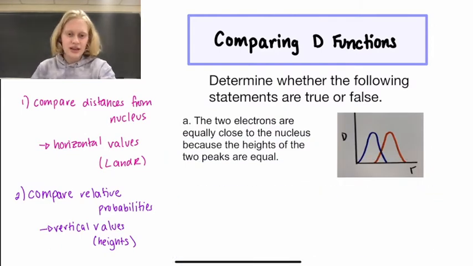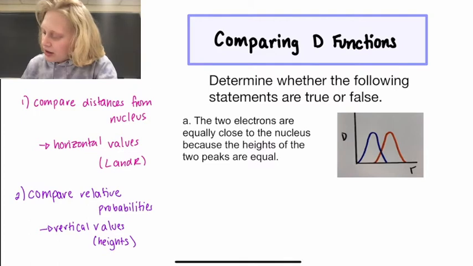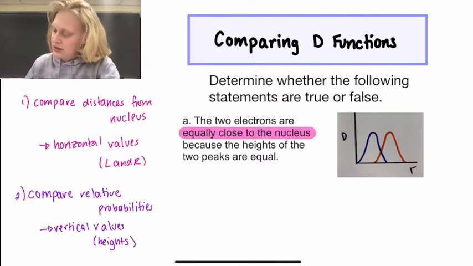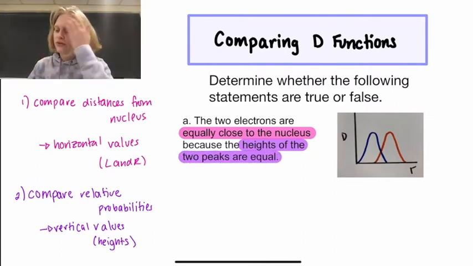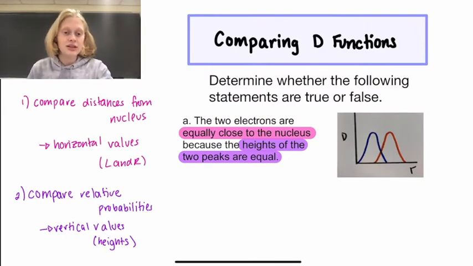The first one says the two electrons are equally close to the nucleus because the heights of the two peaks are equal. From first glance, we can tell that this statement is going to be false because they're trying to use vertical values or heights to compare distances from the nucleus.